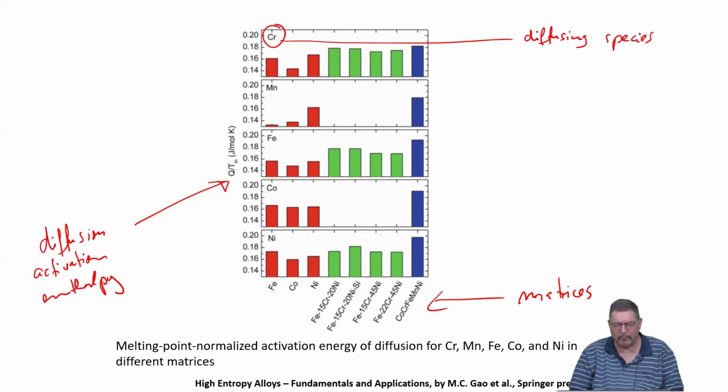And you see the pure elements are colored in red. The binary ternary alloys are colored in green, and the high entropy system is colored in blue. And when we compare it, then we see that the blue bar is always the highest.